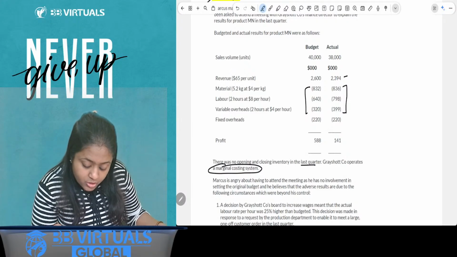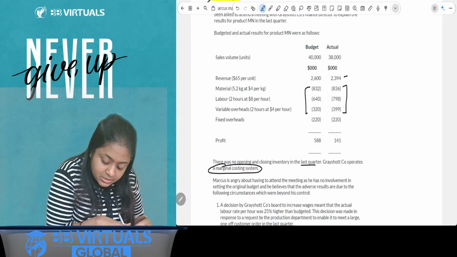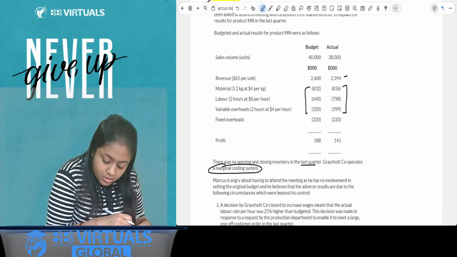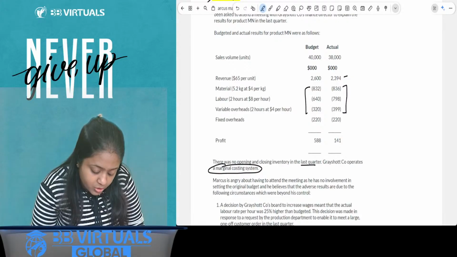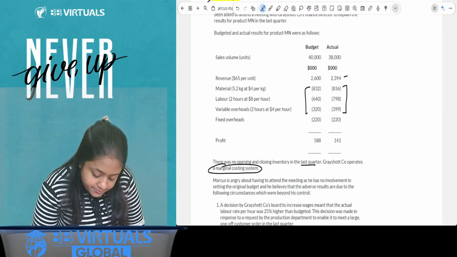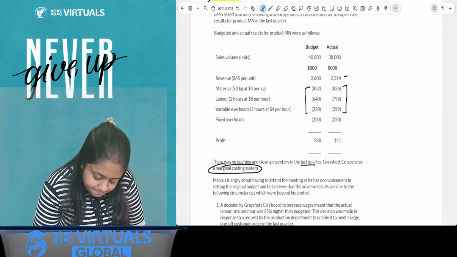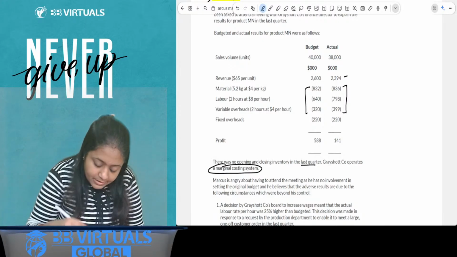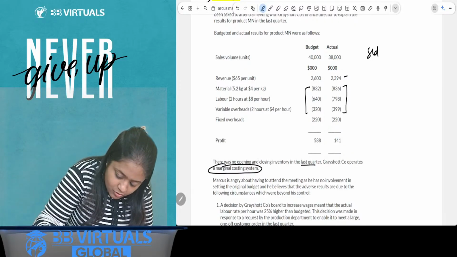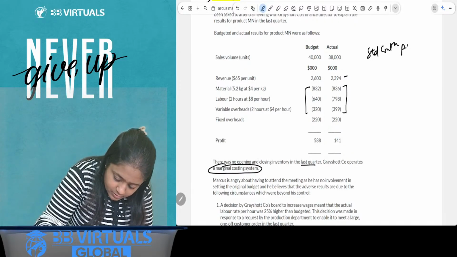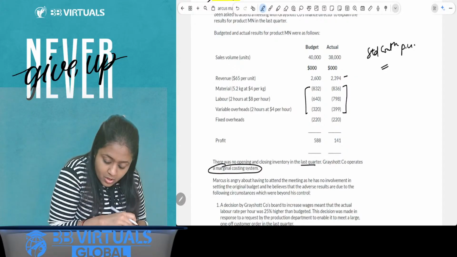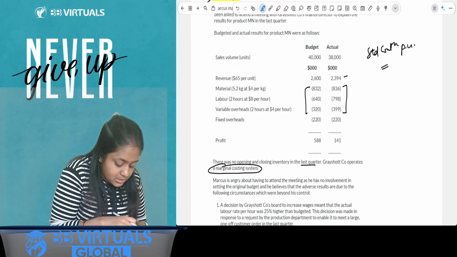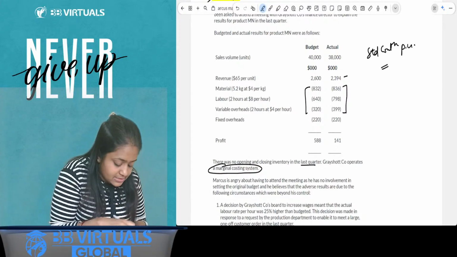Okay, what is the standard budgeted contribution? Because we need 832 plus 640, but it is the total contribution, right? We need per unit. So standard contribution per unit will be, get the totals, 832 plus 640 plus 320 less 2600.